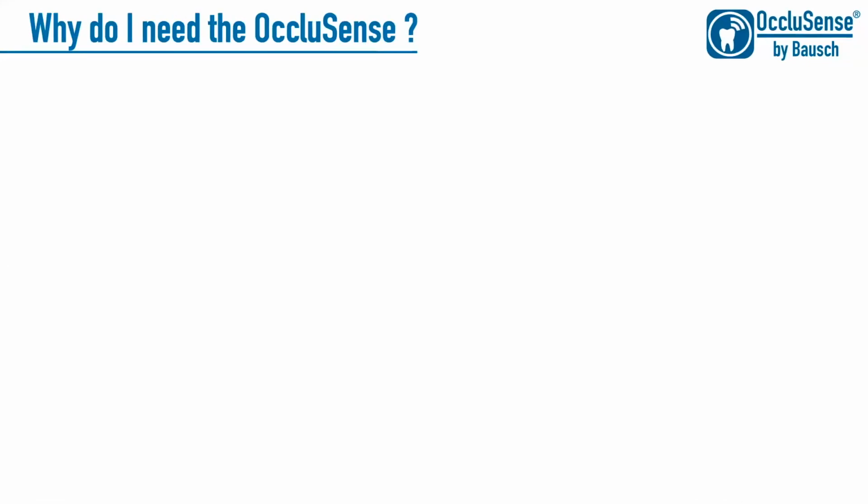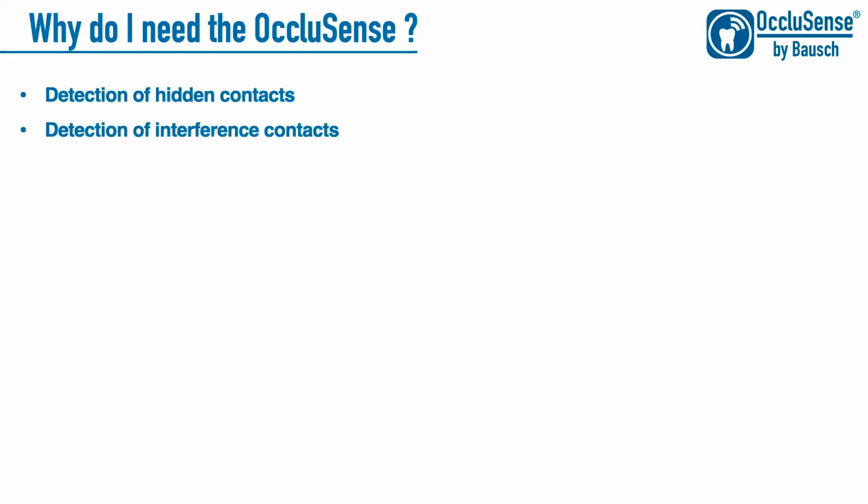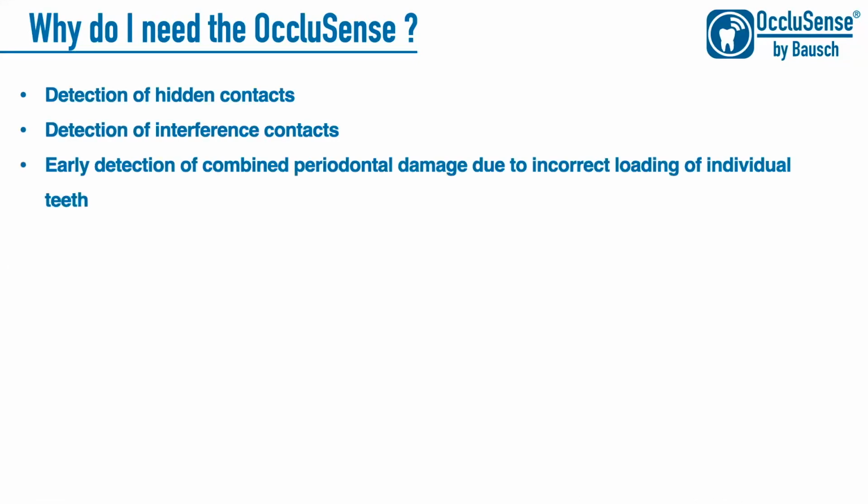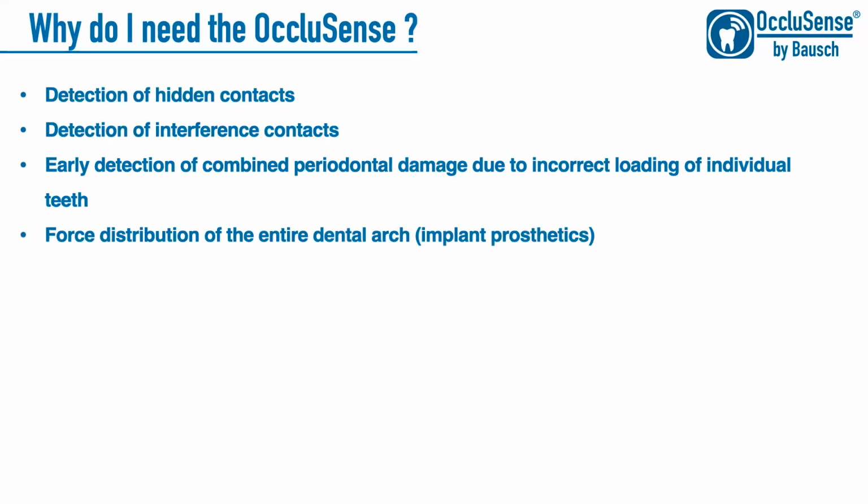But there may be plenty of other indications whereby an OccluSense can aid in much better and more precise diagnosis making. So you are able to detect interference contacts and hidden contacts very quickly. You can very early detect combined periodontal damage due to incorrect loading and look at the force distribution of the entire dental arch.